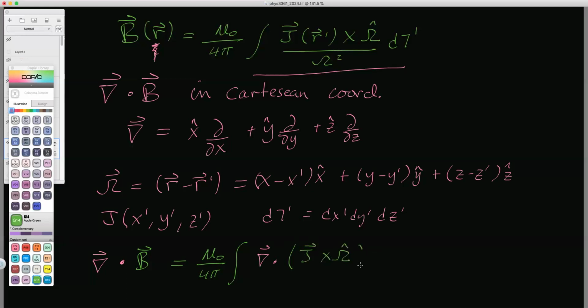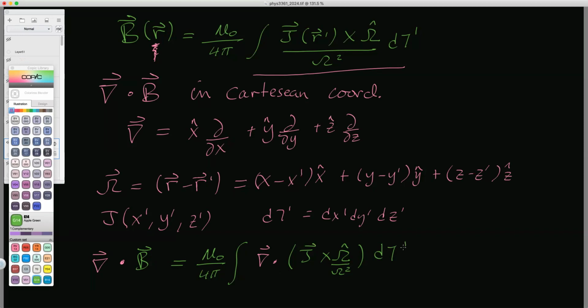I'm going to leave that r prime out of there just because it's going to be yucky. And then I'm going to put the omega squared on the bottom here, just to be clear that when I take that del dot, the omega squared is in the derivative. I have to take the derivative of that as well, and might as well just stick it under the omega hat. And then I have the d tau prime.